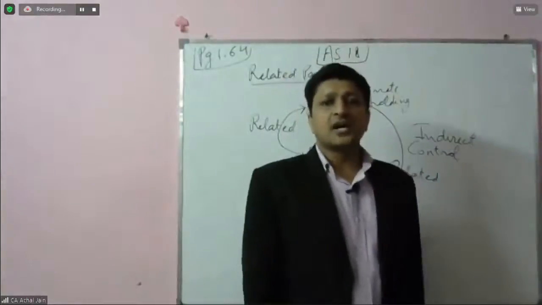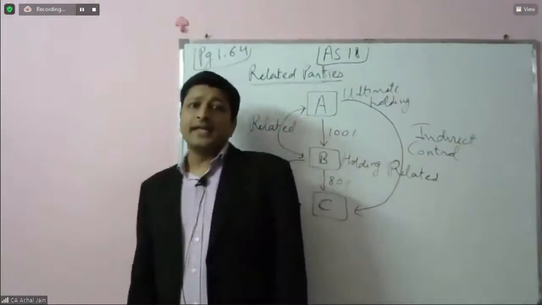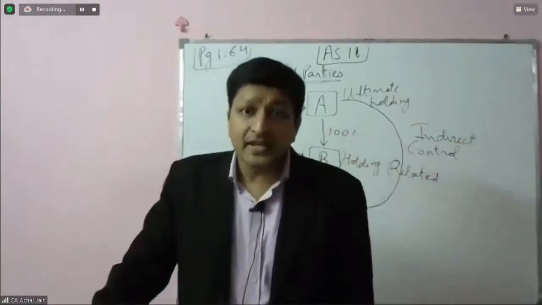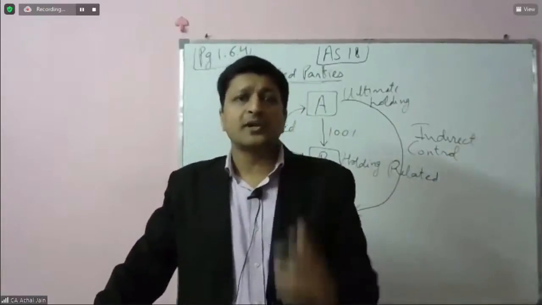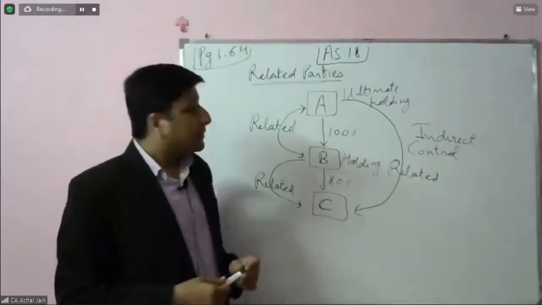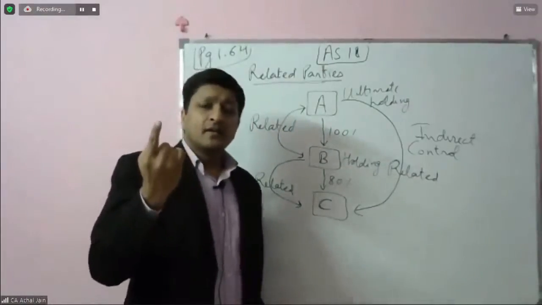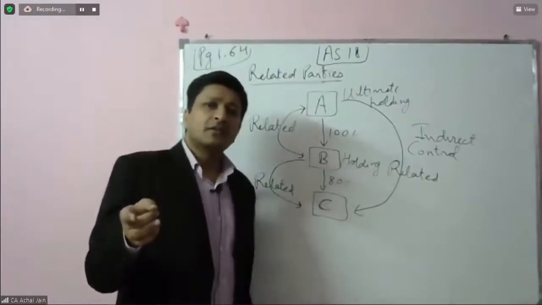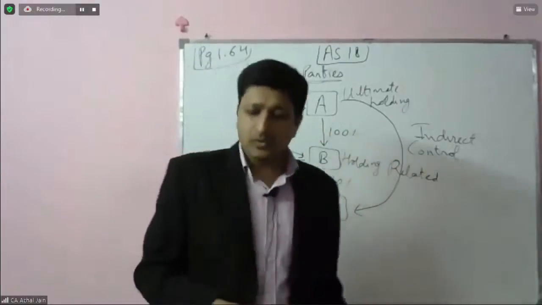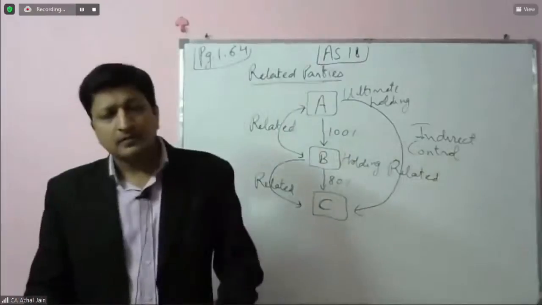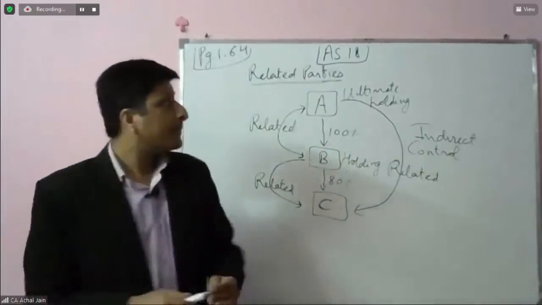Kushi and Manish are saying A. Gilbert is saying, sir, for B, A is the holding as well as the ultimate holding company. That's absolutely correct. For B, it's only one entity who is sitting above B, and that happens to be its holding as well as ultimate holding company. Clear on this?